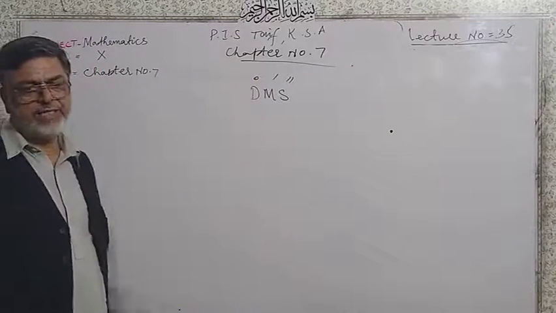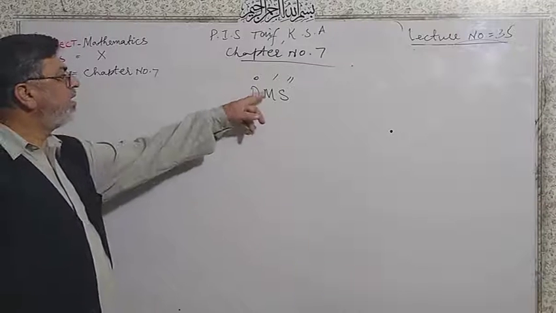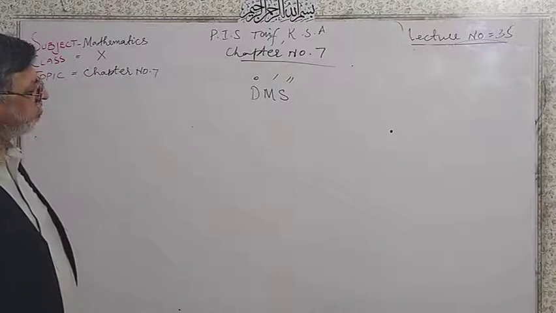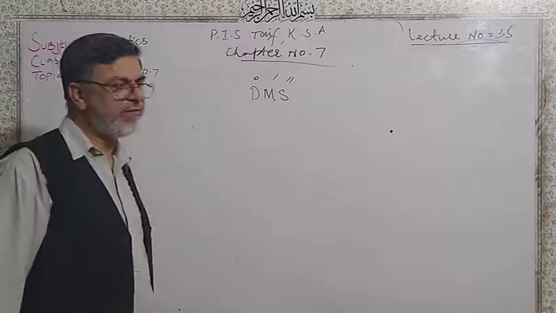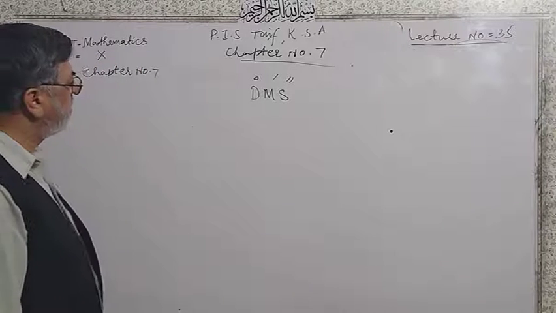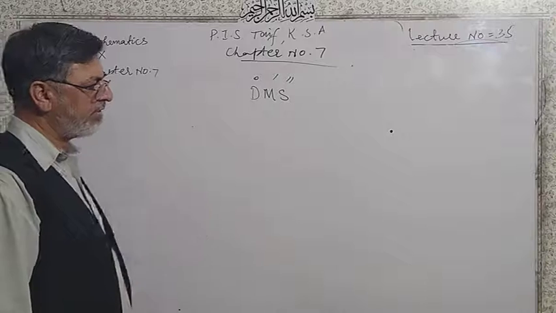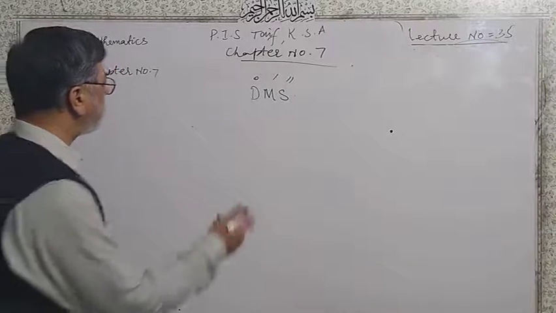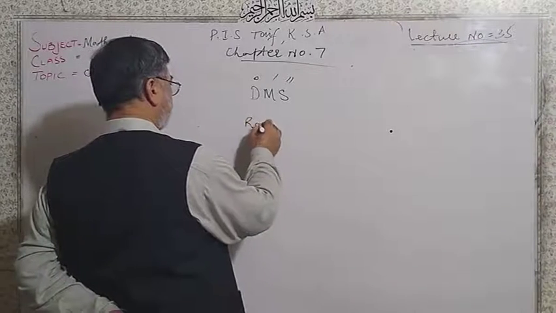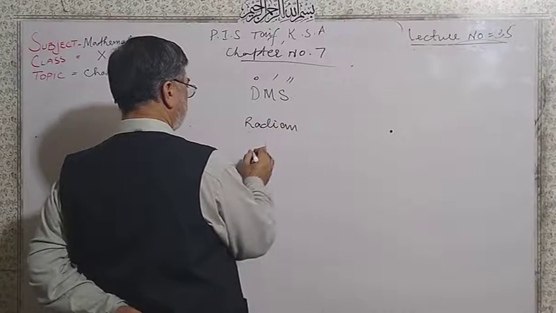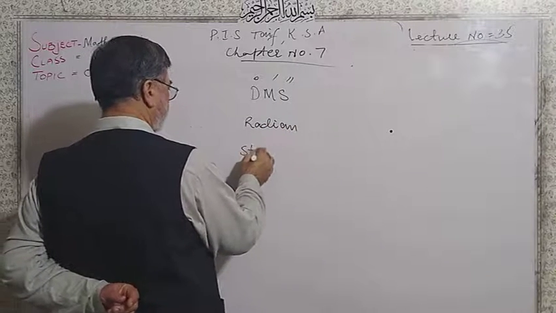This is known as the DMS system. So in this way we can find the degrees, minutes and seconds with the help of this system. Second is the radian measure of angle.